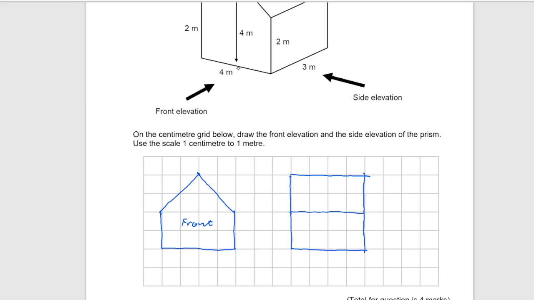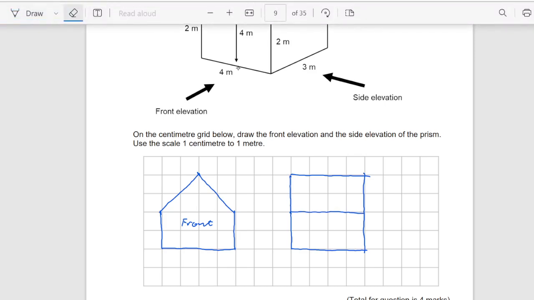Oh, I've drawn my, that should have been 3, not 4. Glad I spotted that. There we go, so that's my side.